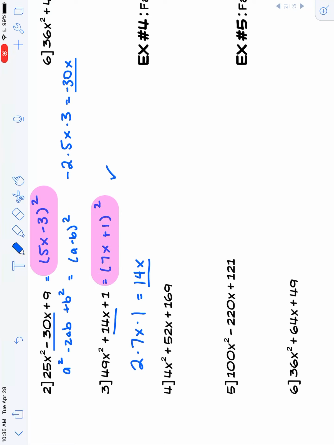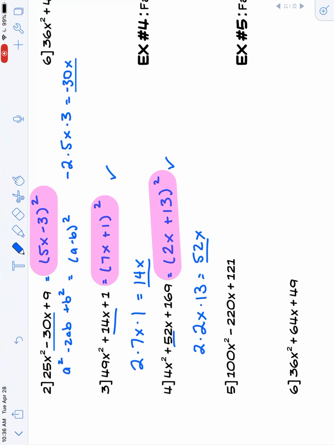Next one. Square root of 4x squared is 2x. Square root of 169 is 13. Does this work? Check the middle. 2 times a times b. 2 times 2x is 4x. Times 13, 52x. That matches up.